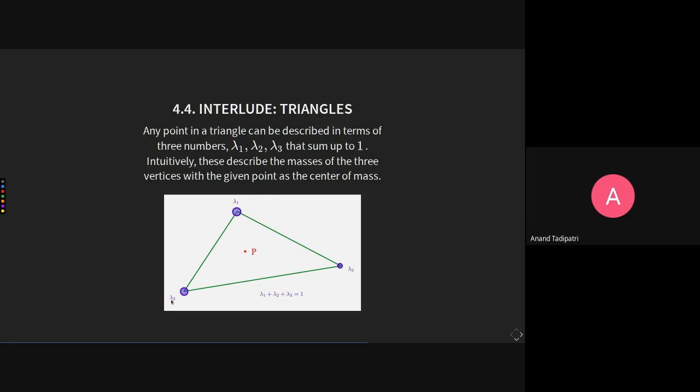You have the constraint that these three numbers add up to 1. So this point P is like the center of mass of these three masses, if you want to think of it intuitively. That's how it is. We'll take this as a given, but you can try proving it if you want. Hopefully it's intuitive enough at the moment. At least it seems not unreasonable.